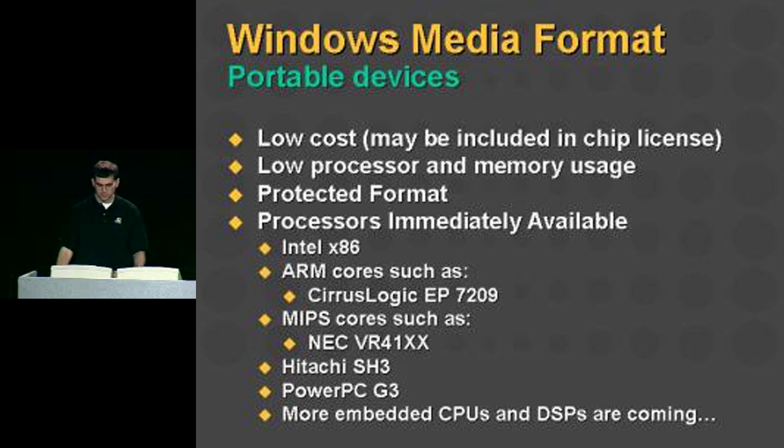We've ported it to the MIPS cores, so this NEC chip, that series can support Windows Media. We've got it on SH3, we've got it on PowerPC, and we're working on a whole bunch more. I think we've even announced a few more. So if you don't see it on here, contact us and we'll let you know the status.